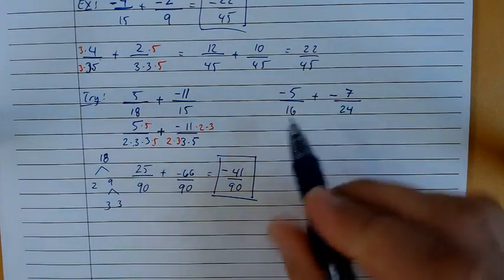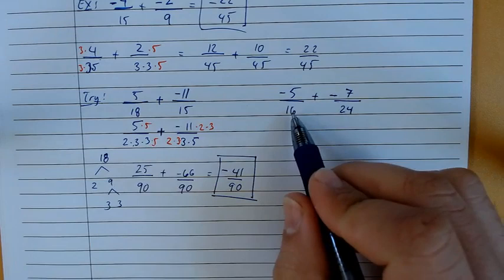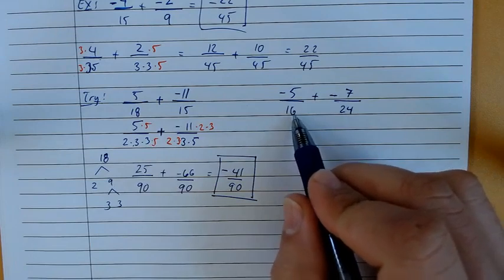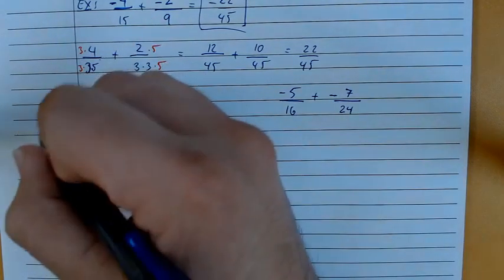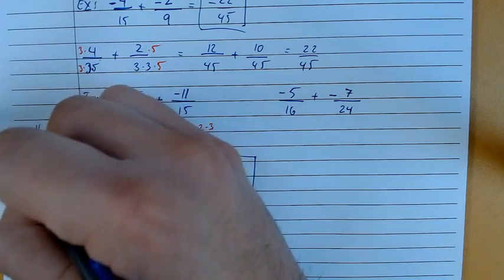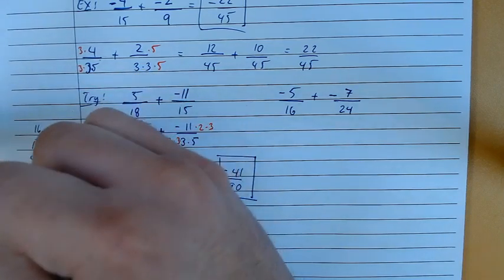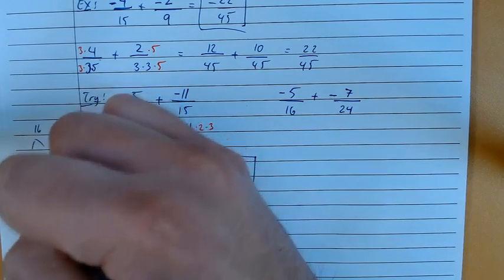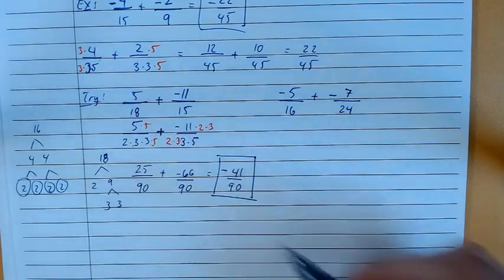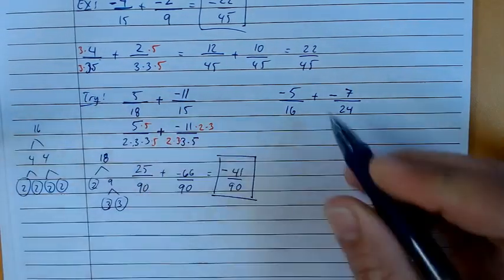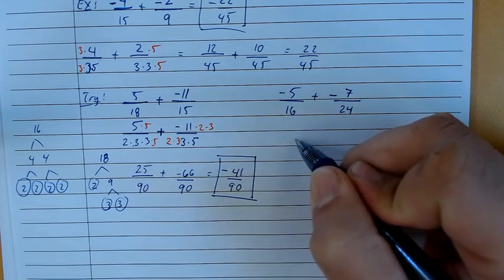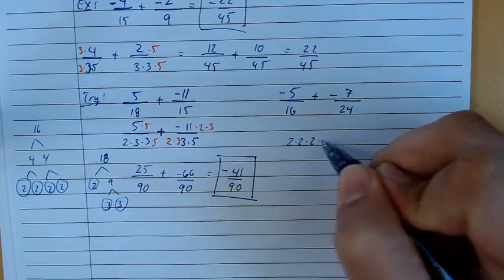Let's try this one over here. Same idea. I'm going to go ahead and factor things out here. Let's try 16. That's 4 times 4. And then each of those factors into 2 times 2. So here that 16 is 2 times 2 times 2 times 2.